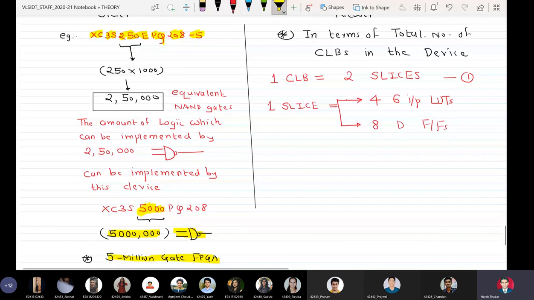Okay, so I repeat that 1 CLB is equal to 2 slices. 1 slice is equal to 4 6 input LUTs and 8 D flip-flops, right?